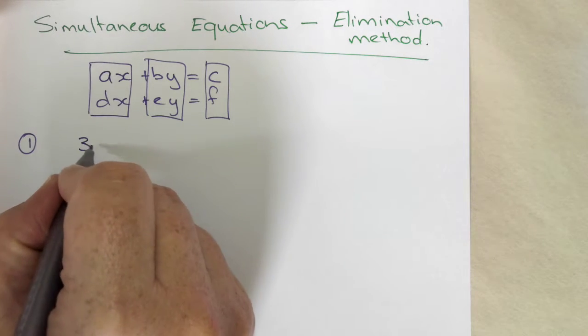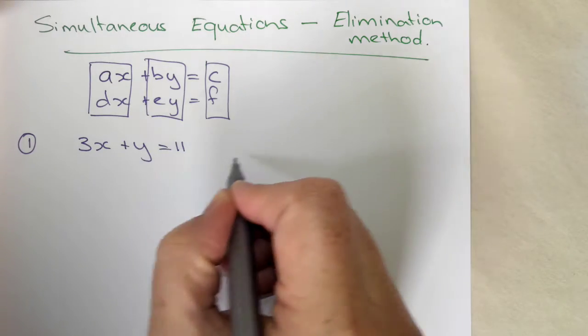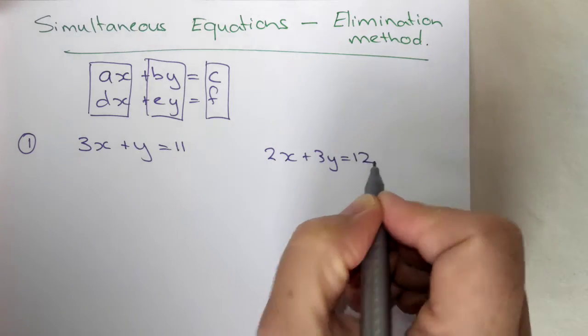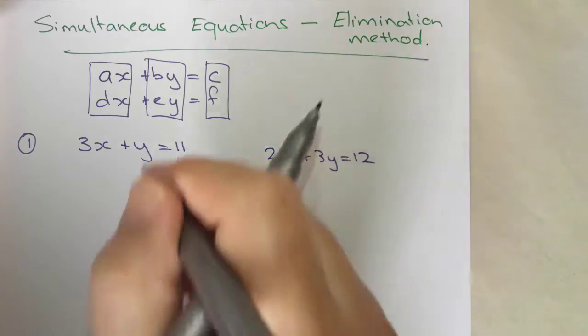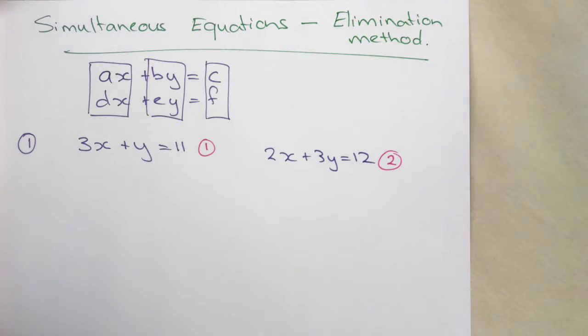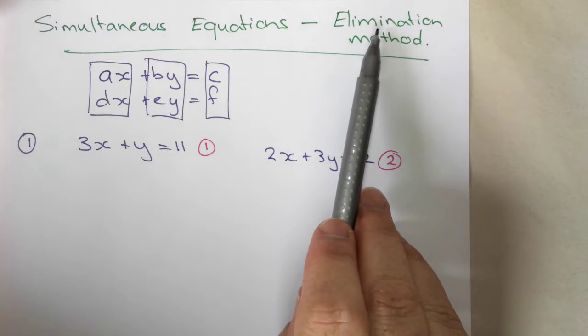How does this work? Here we have 3x plus y equals 11 and 2x plus 3y equals 12. I'm going to start by saying this is equation number 1 and this is equation number 2, just like I have been before. What's different now is I need to eliminate one of the variables.